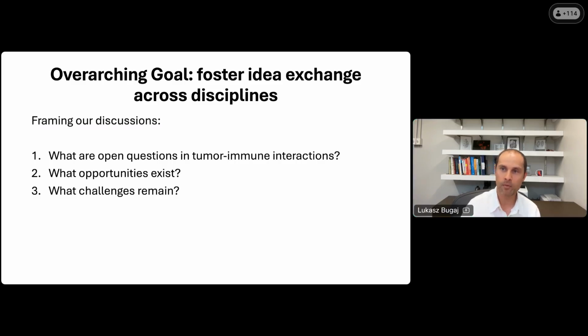What we want everyone to have in mind when we're having these diverse talks in our session today are really 3 main areas, right? One is, what are the open questions in tumor-immune interactions, particularly in the spatial temporal regulation thereof as pertains to cancer?